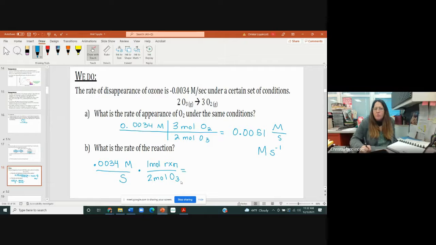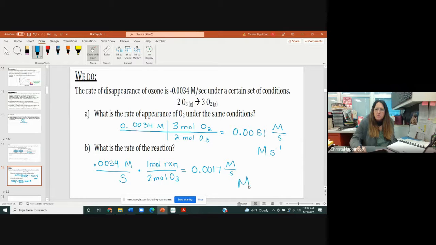So for every one of these consumed, we've run through the reaction 1 time. So the moles of reaction here is going to be, okay, or we can write this.